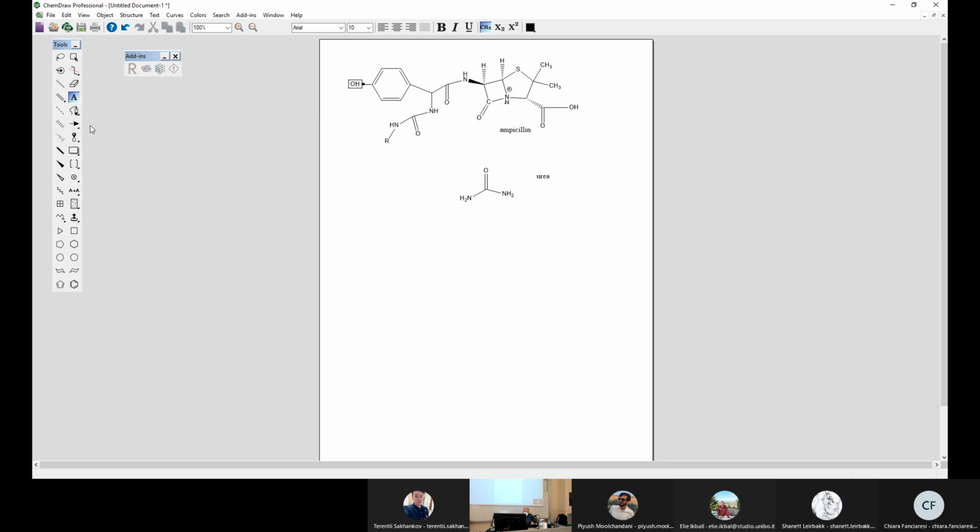The second was to mask here the acidic function with an ester to increase the absorption. And the third one was the introduction with a residue of urea in the side chain in order to increase the hydrophilicity. Three important modifications to aminopenicillin.